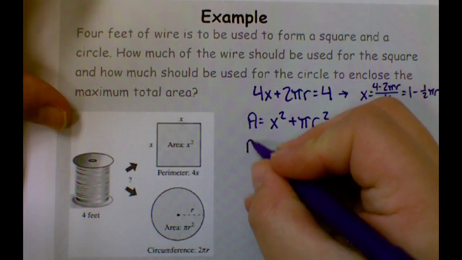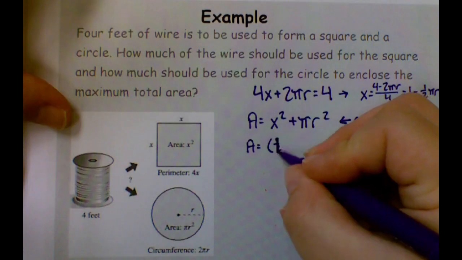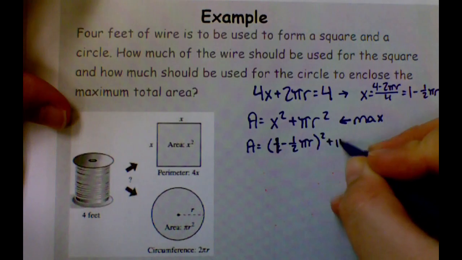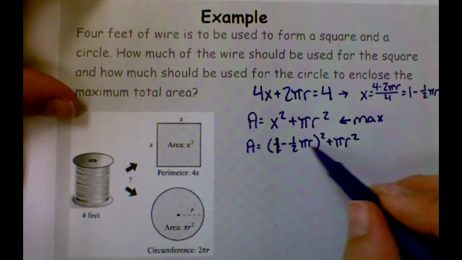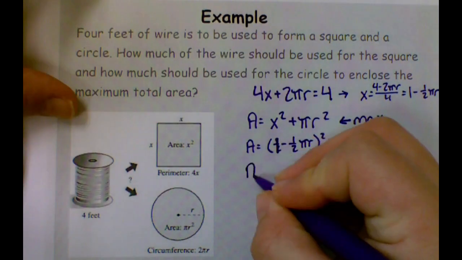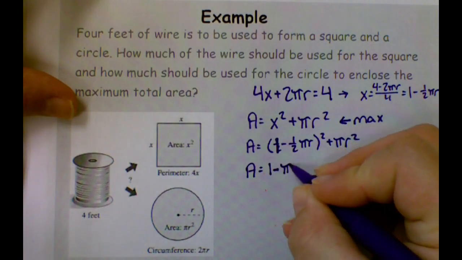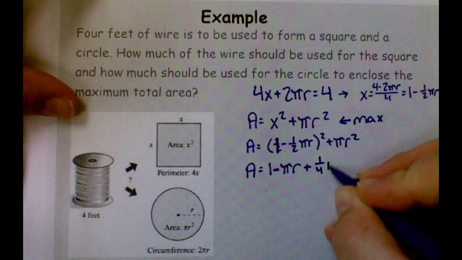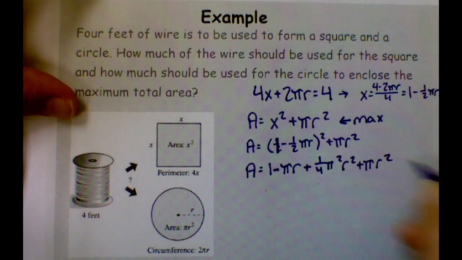Plug that in here. 1 minus 1/2 pi r, squared, plus pi r squared. To make my life a little easier, we're going to multiply that out and then combine these. We end up with my area is 1 minus pi r plus 1/4 pi squared r squared plus pi r squared.